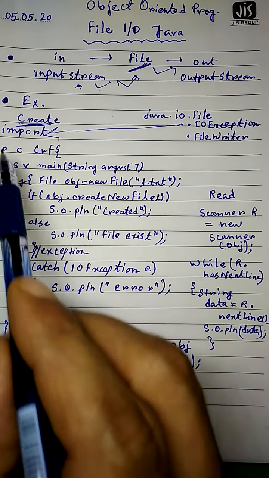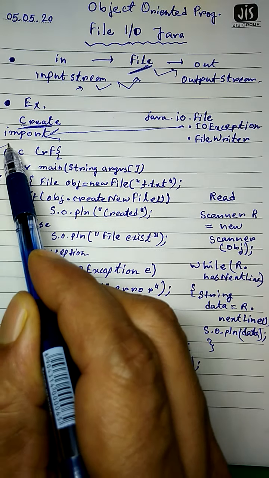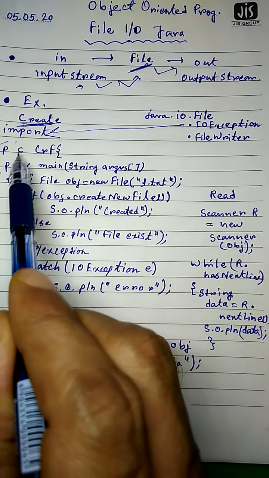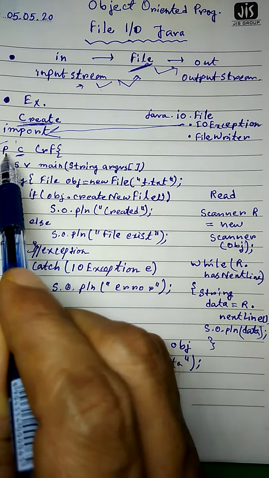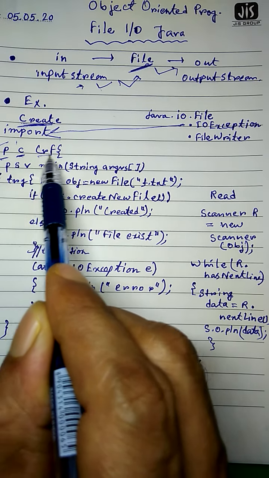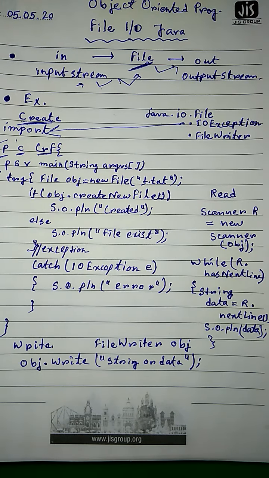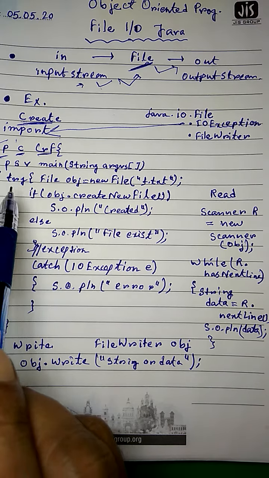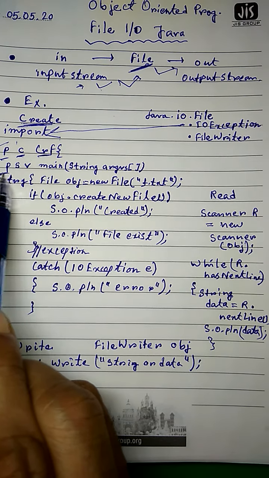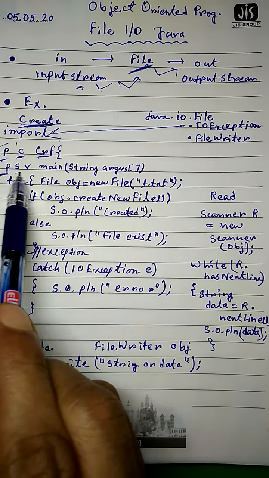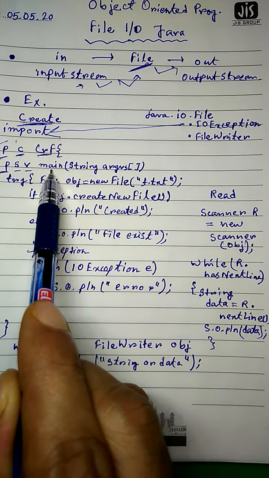I have created a public class, and suppose the name of the class is CRF, Create a File. Okay, I have started this program. Public static void main.